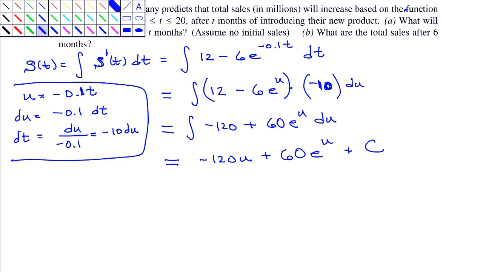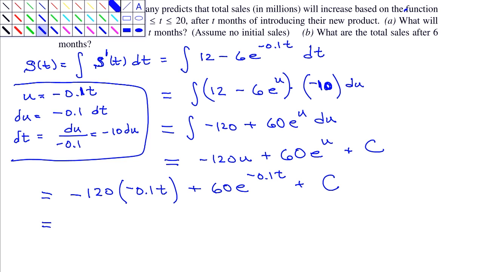Now what? So we get negative 120 times negative 0.1 t plus 60 e to the negative 0.1 t plus c.